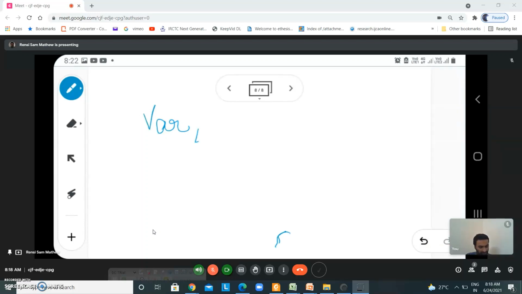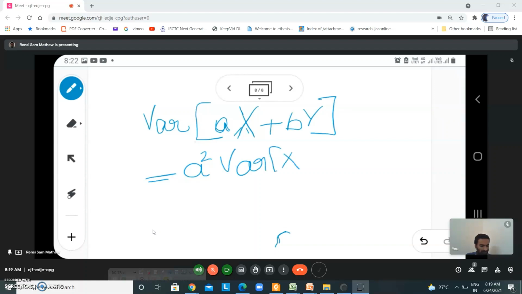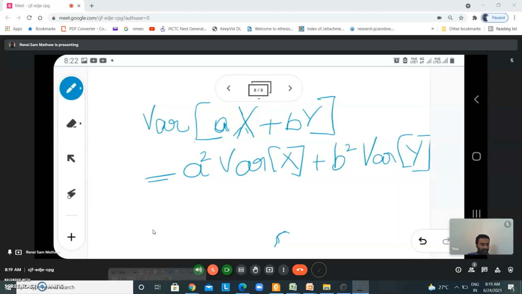The variance of a times x plus b times y is equal to a square into variance of x plus b square into variance of y, because the variance equation always has x minus mu the whole square, so when you take the constant outside, it becomes a square.